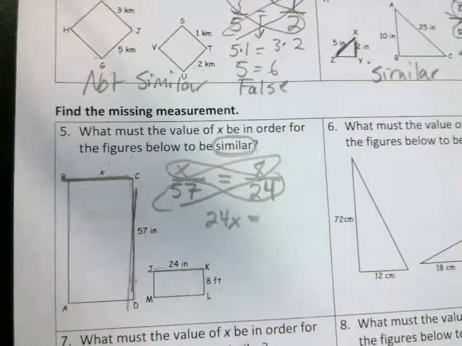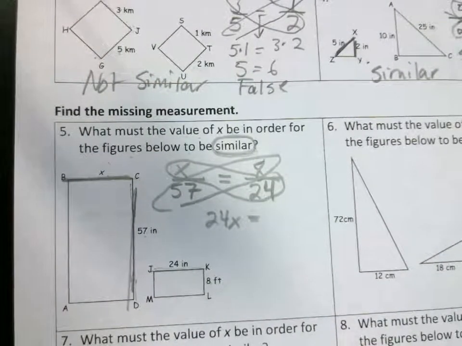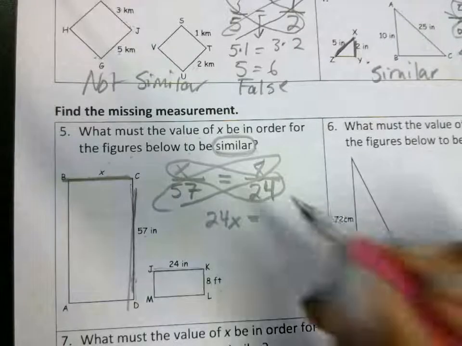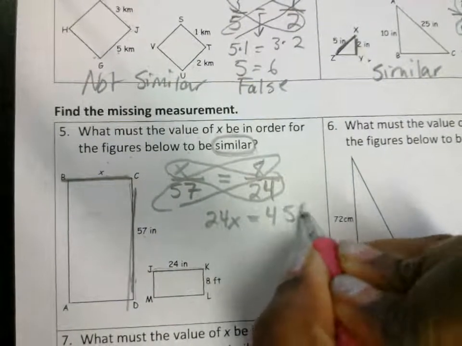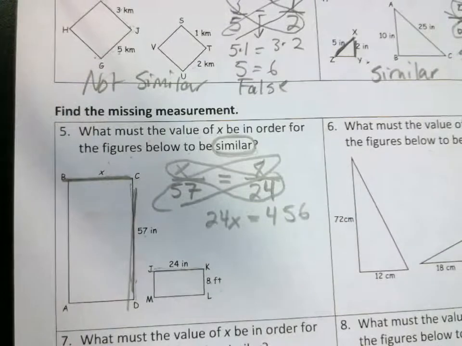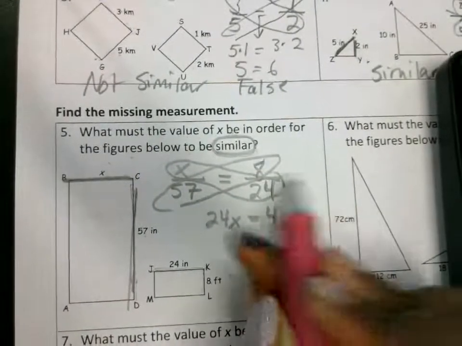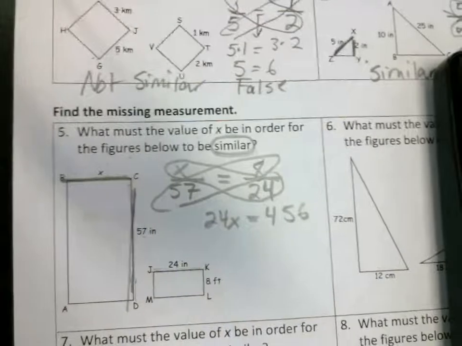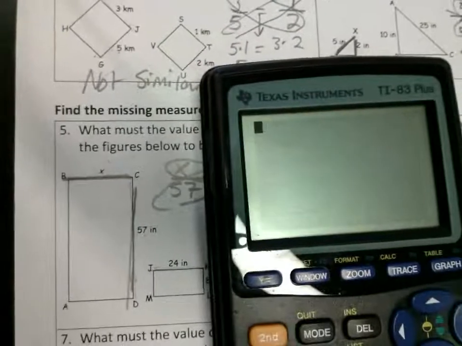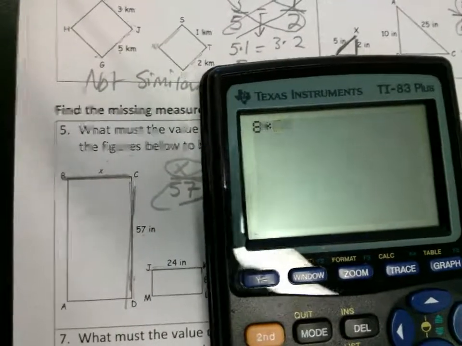What's 8 times 57? 456. Now we got to solve for x. How did you get 456? We are multiplying 8 times 57.